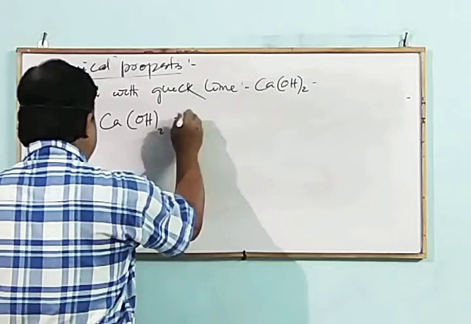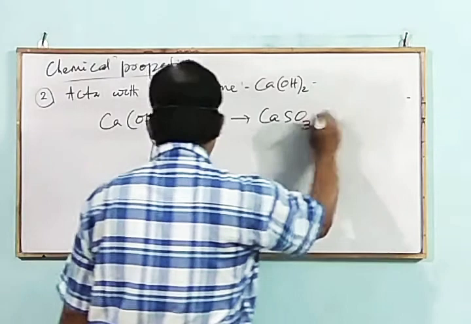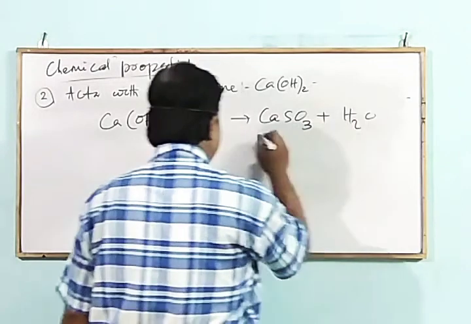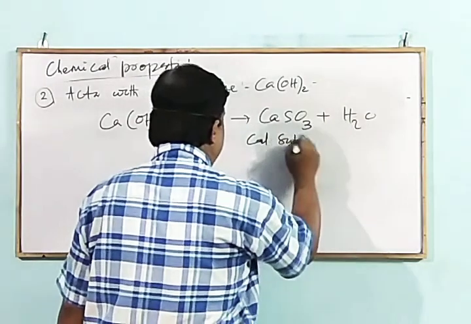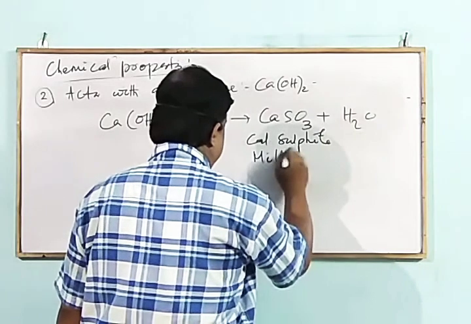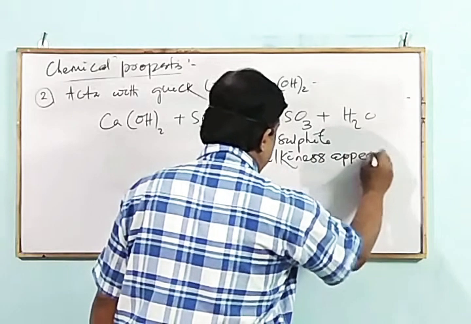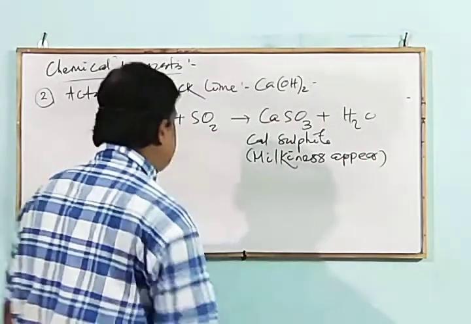Calcium hydroxide plus sulfur dioxide give rise to calcium sulfite plus water. Milkiness appears due to the formation of insoluble salt.